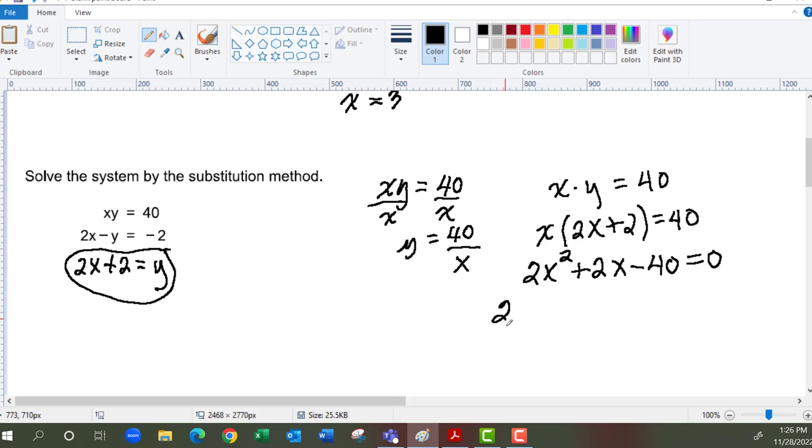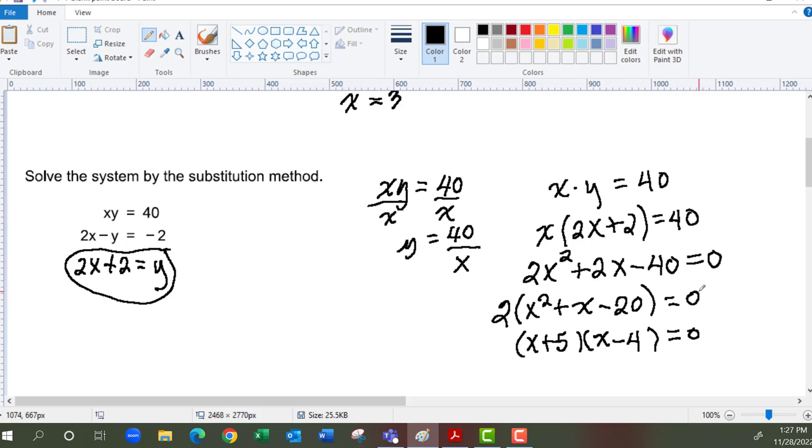I'm going to factor out a 2. x squared plus x minus 20 equals 0. And this 2 is irrelevant since it's never equal to 0. So we're just going to factor this trinomial, (x plus 5)(x minus 4).